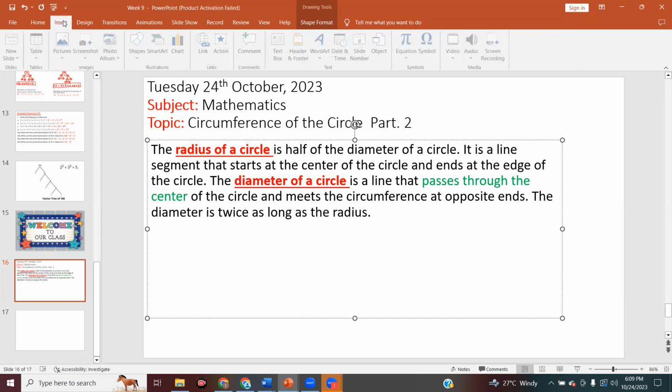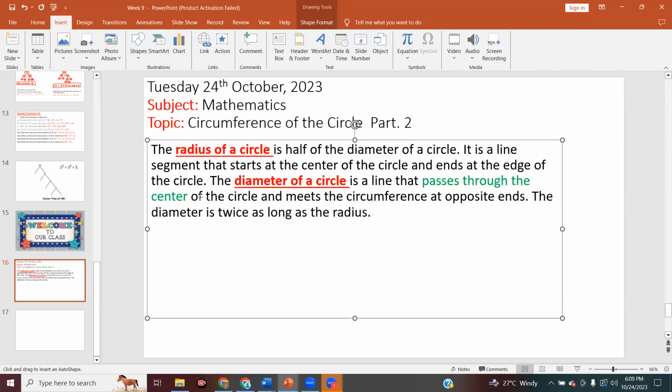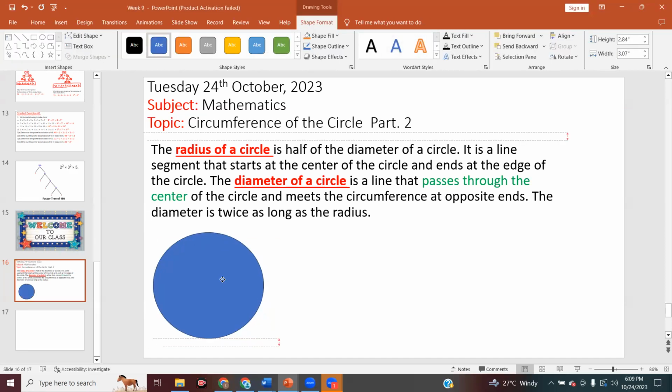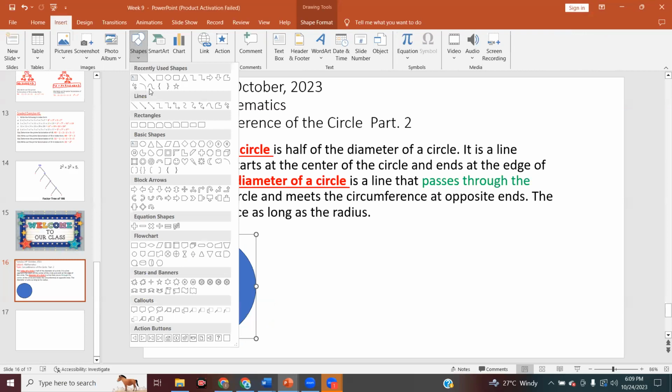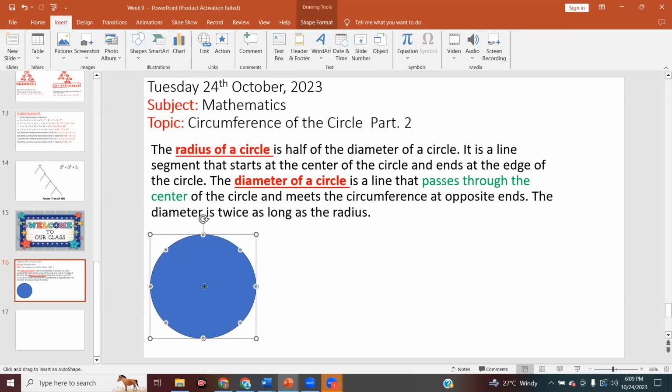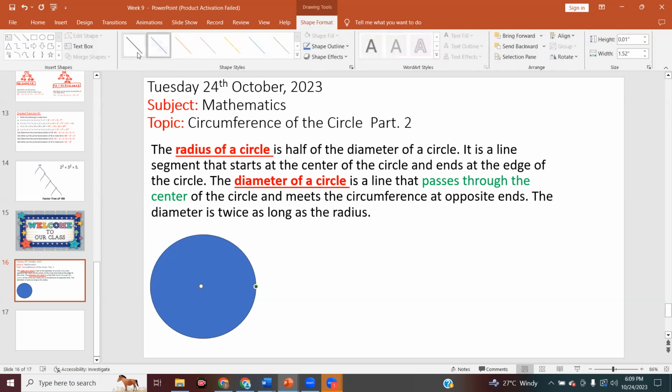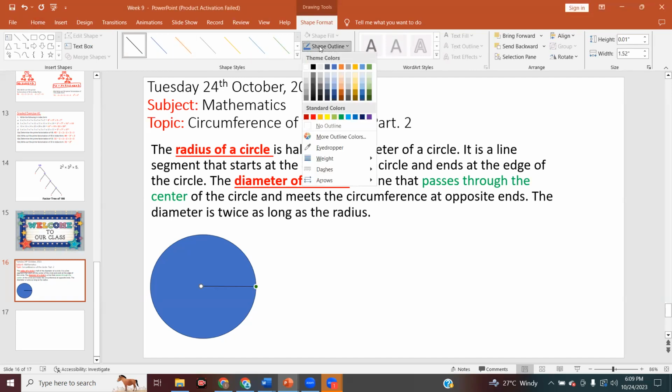So let's put in some sort of description here. Let's say we have this circle, and let's say we have this line that goes from here to here. And let's say that I increase the length of this, so that it's like this.